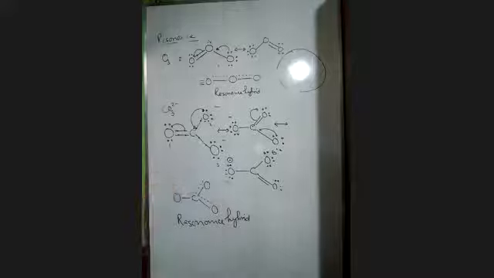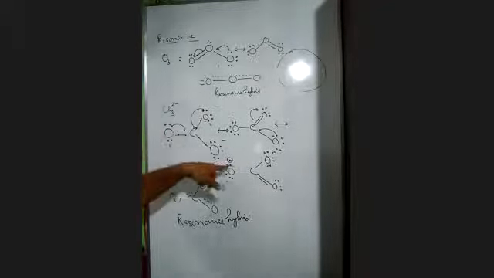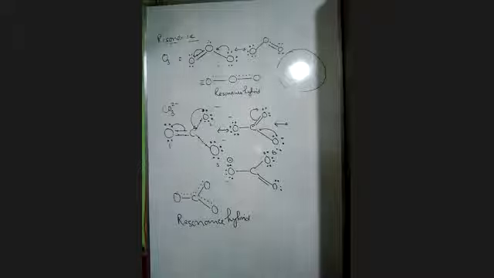You cannot isolate these structures, but you also cannot interpret the total behavior of carbonate if you don't take this into consideration. So it is imaginary. Resonance is an imaginary concept to explain the true behavior of a molecule.